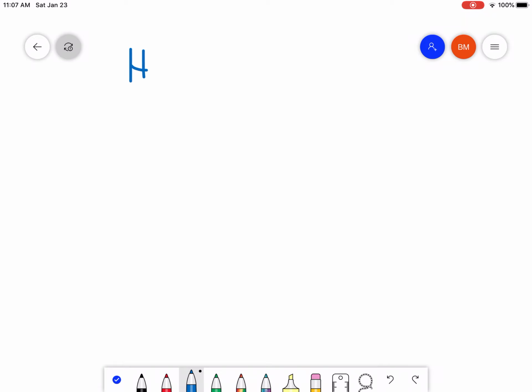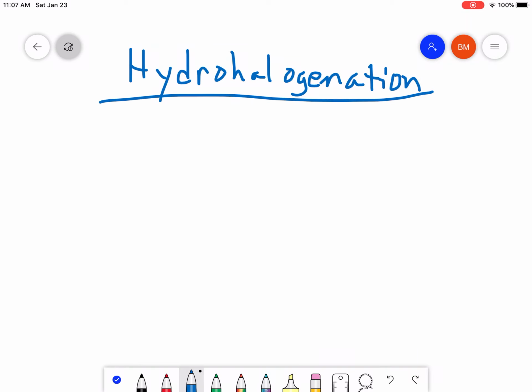First of all, let's look at hydrohalogenation. If you remember, when we did hydrohalogenation of alkenes, one of the carbons in a double bond got an H, and the other carbon got a halogen. That's why I call it hydrohalogenation. Same basic thing happens here in alkynes as well. So we could have something like this.